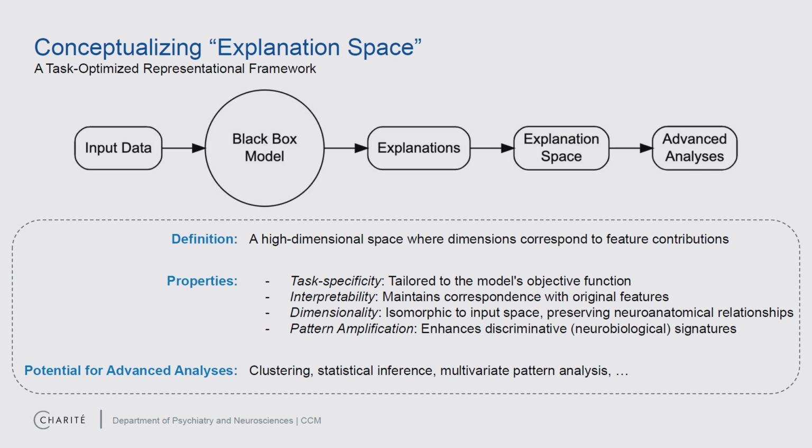The good thing is that essentially we've transformed our data into a new space in which we can use exactly the same statistical and analytical approaches that we are used to applying in the original image space, like voxel-based morphometry, clustering, statistical analysis, pattern analysis of all sorts.